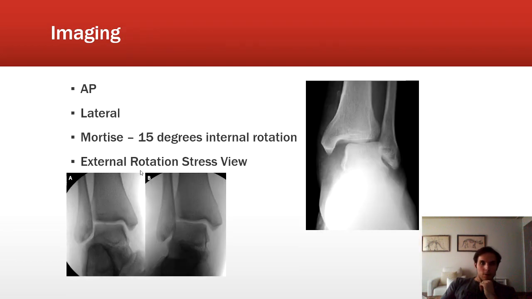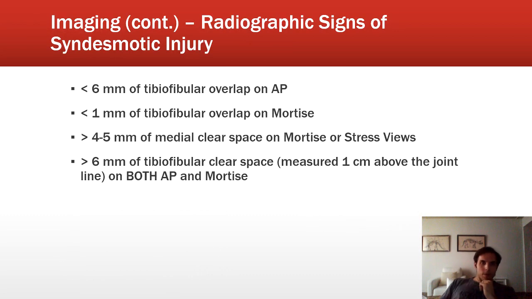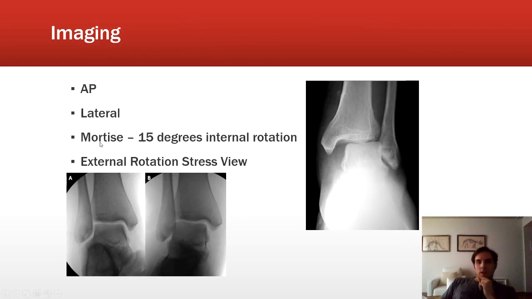All right, so let's go back. So that's on the AP. If you're looking at tibiofibular overlap on your mortise view, less than 1 millimeter is concerning for syndesmotic injury. So again, what does that mean? You can see on these mortise views, well, this isn't your mortise, you naturally have less tibiofibular overlap.